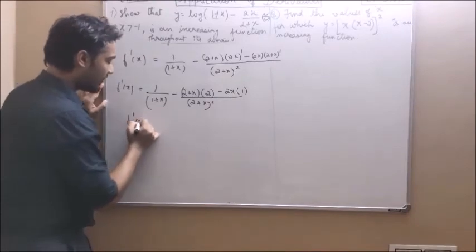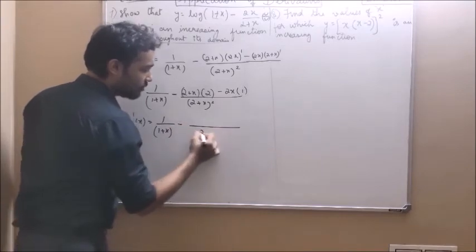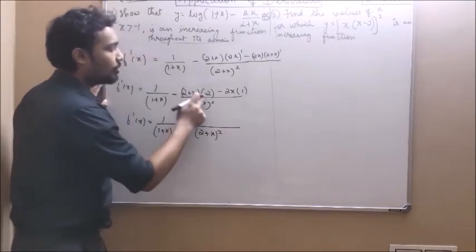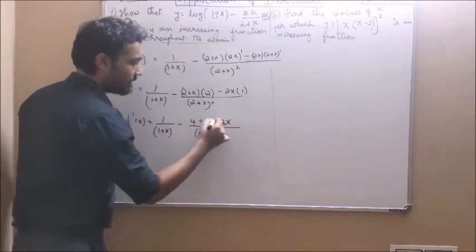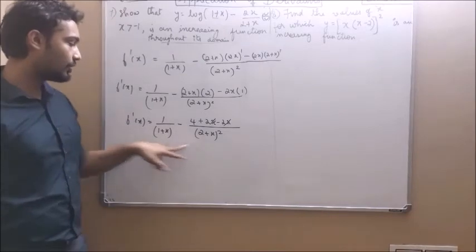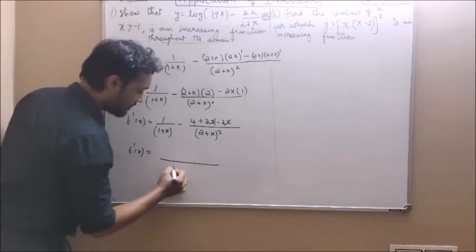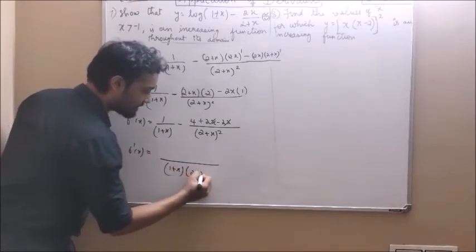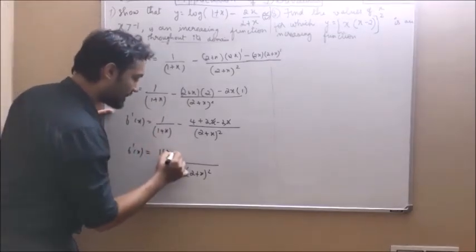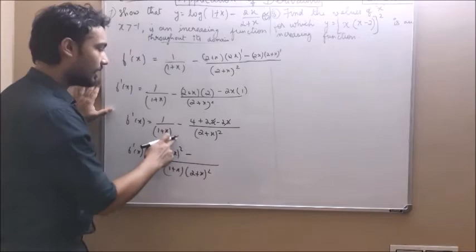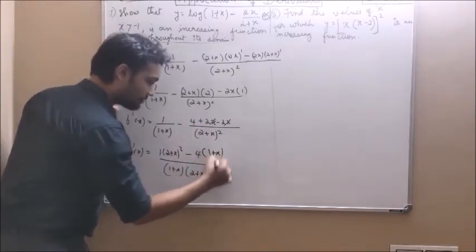So what you get? F dash of x equal to 1 by 1 plus x minus (2 plus x) the whole square. 2 into 2 is 4 plus 2x minus 2x. The 2x will cancel. Now in the denominator take LCM. So f dash of x equal to, in the denominator, (1 plus x) into (2 plus x) the whole square. When you cross multiply, 1 into (2 plus x) the whole square minus 4 into (1 plus x).